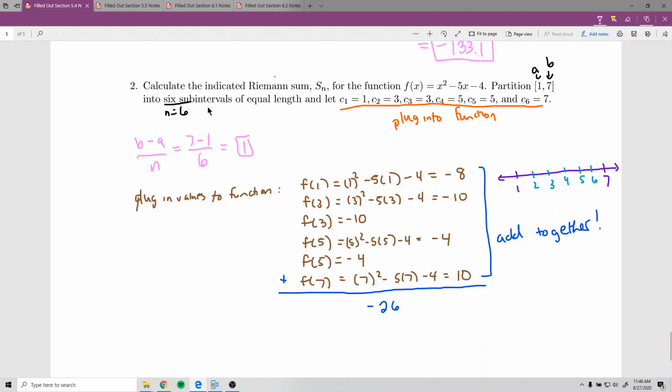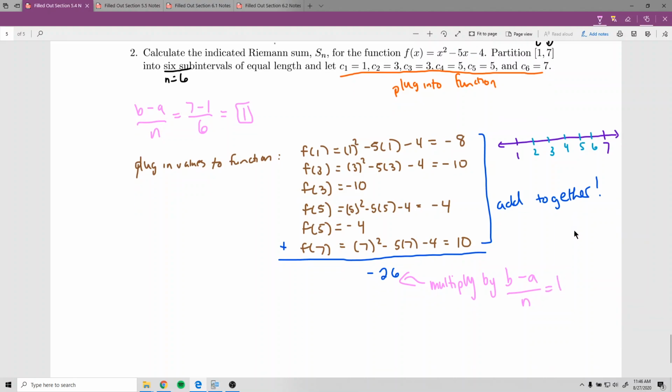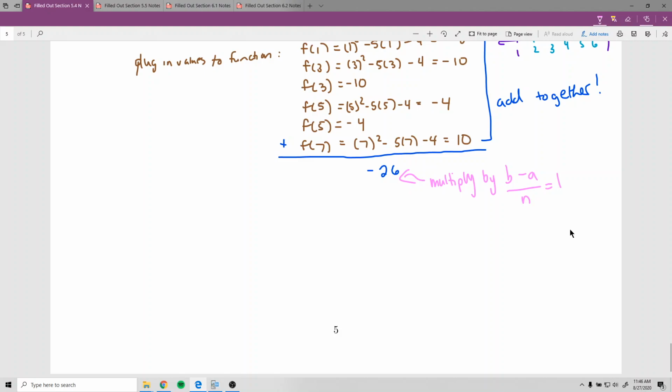Now we multiply by the width, which is just 1. And this one, if you had forgotten, since the b minus a over n equals 1, you would still get it right because multiplying by 1 doesn't do anything, but do not forget that part. So our final answer is -26 times 1 equals -26.